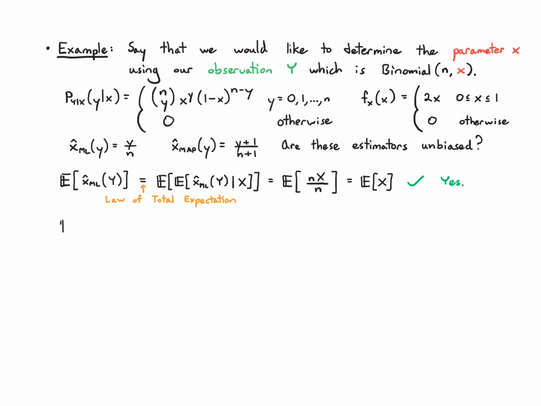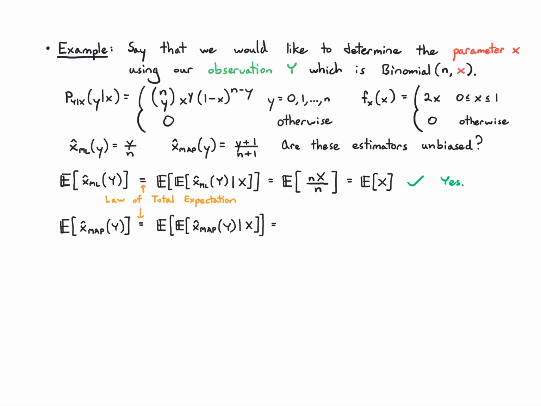What about the MAP estimator? Well, I'm going to do the same thing. I'm going to condition on x, basically use the law of total expectation. And the reason I'm going to do that is that it's going to feed the parameter into this estimator. So I now will know the parameter when I'm trying to evaluate this. Okay, so I condition on x.